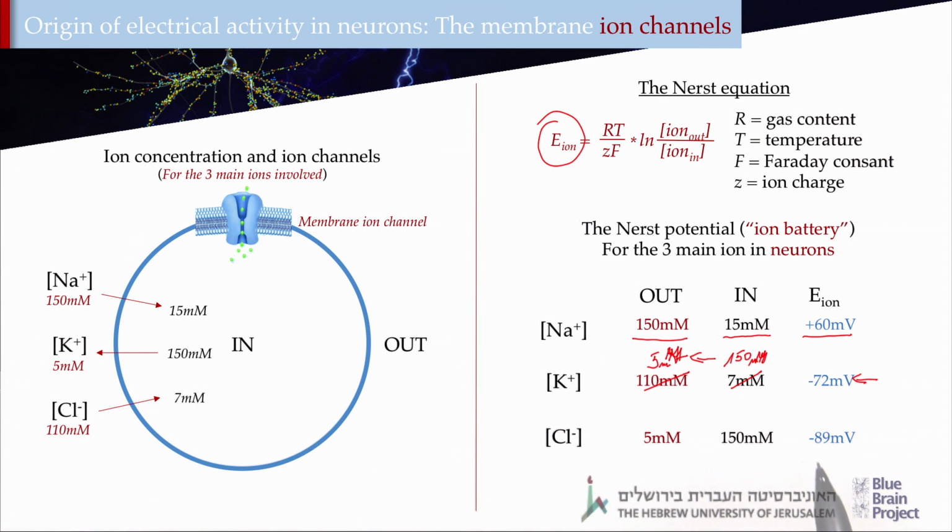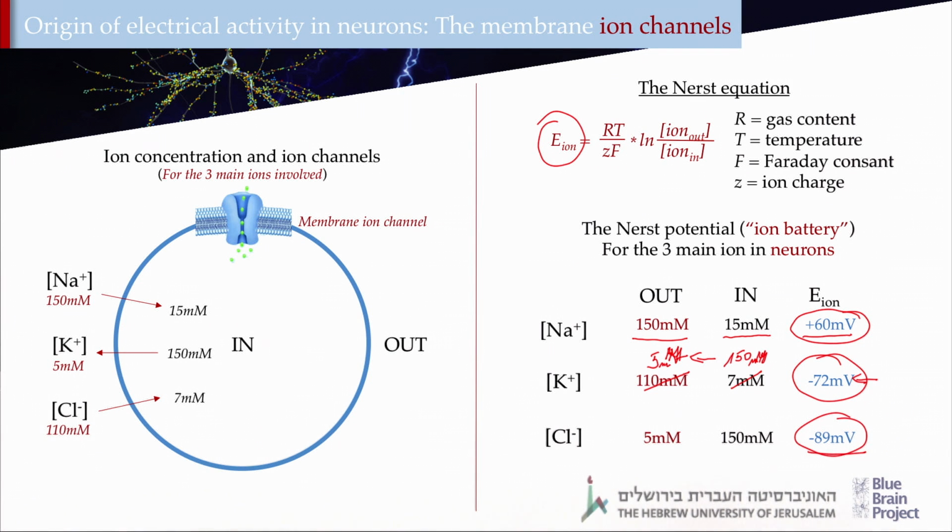And here you see the chloride, and this is the battery of the chloride, almost minus 90 millivolts inside of the neuron. So these are the three basic ions that generate electrical activity in neurons. And using the Nernst equation with the concentrations, you can see the battery for each one separately.